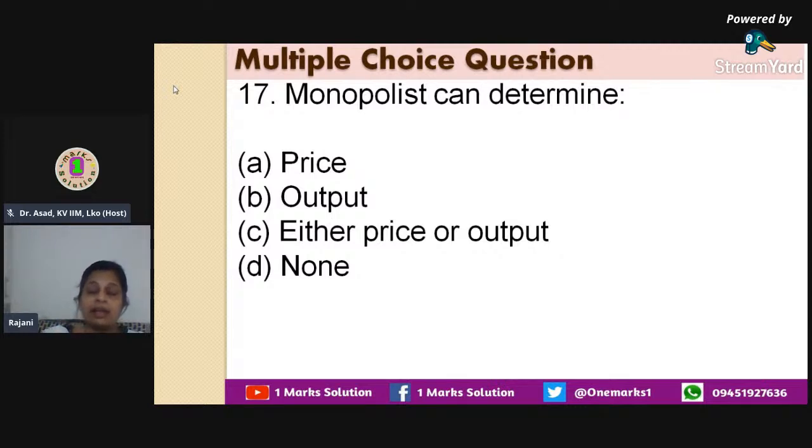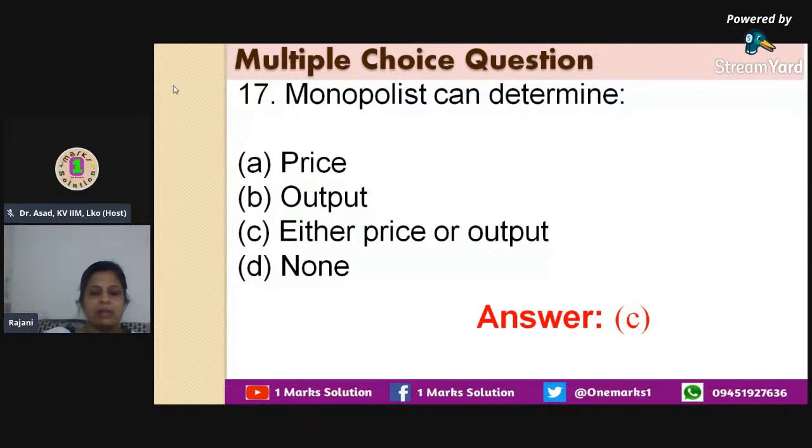In case of relative inelasticity, they can increase the price, and when demand is more elastic, they can reduce the output level, the production level. So monopolist can determine either price or output. That is the correct answer, because they have full control over the market. It depends on the situation.